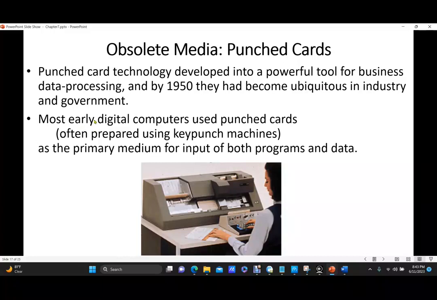Most early digital computers used punch cards. These were often prepared using punch card machines, key punch machines, as they used these punch cards for the primary medium for input, both for programs and for data.